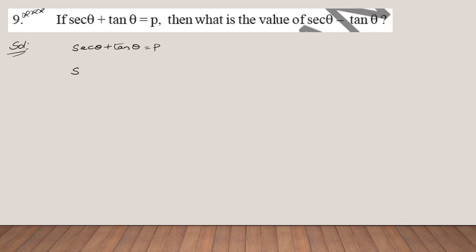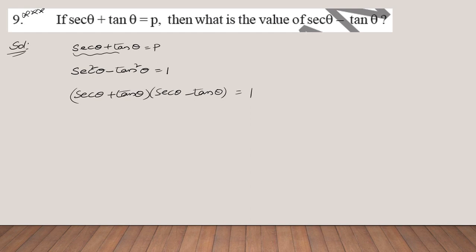Now what do we know from the identity? Secant square theta minus tan square theta is equal to 1. We know this from the identity, right? This I can write as secant theta plus tan theta into secant theta minus tan theta is equal to 1.